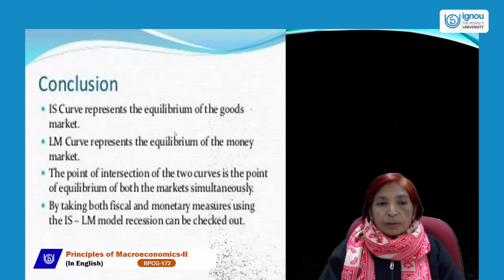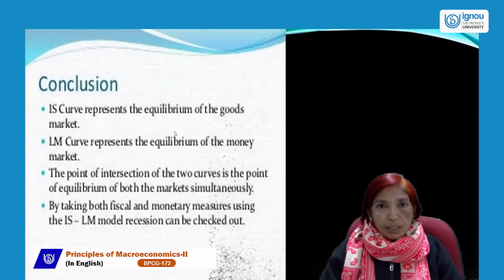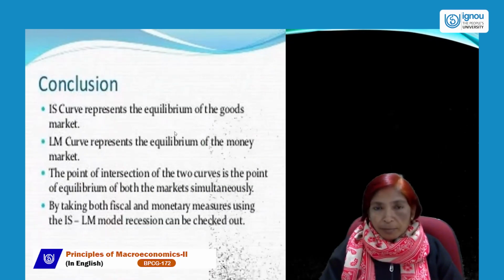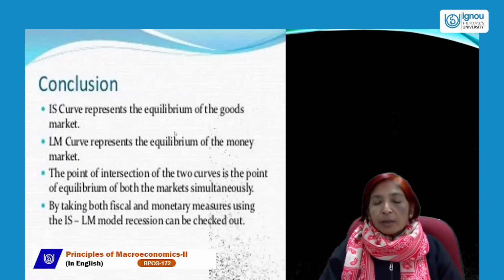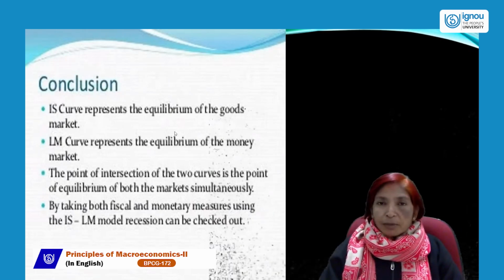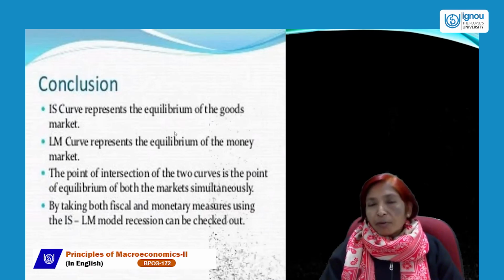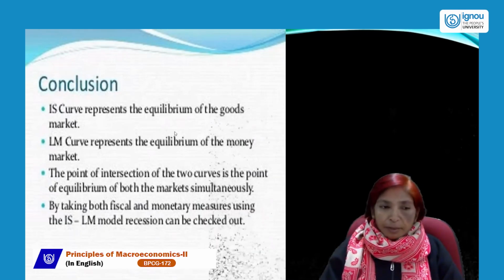The LM curve represents the money market equilibrium and shows the positive relationship between the rate of interest and the level of income, and it may be steeper or flatter. If money demand is more sensitive to the rate of interest and level of income, then the curve will be flatter and vice versa.